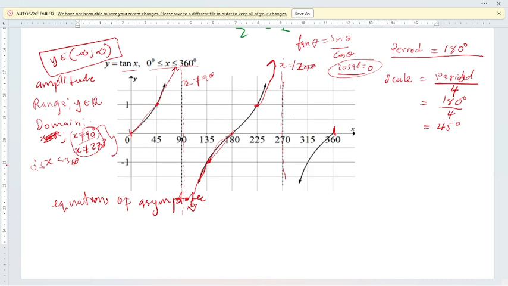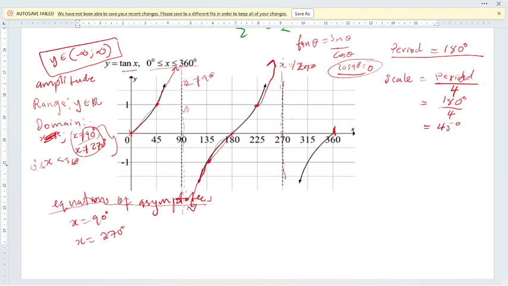What is the equation of this line? x equals 90 degrees. That is the equation of the asymptote. x equals 270 degrees. These ones are the equations of the asymptote.